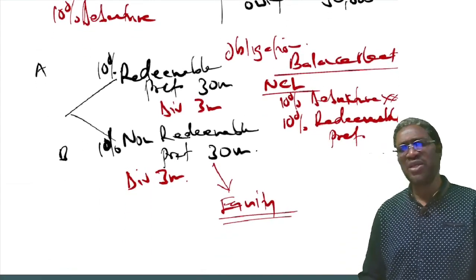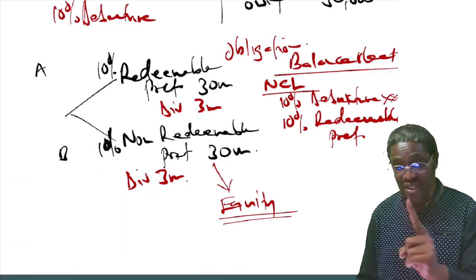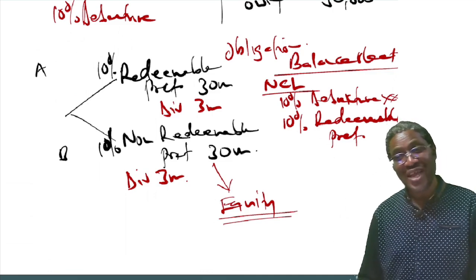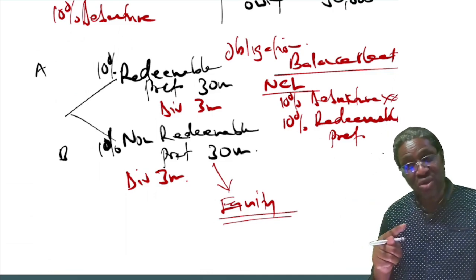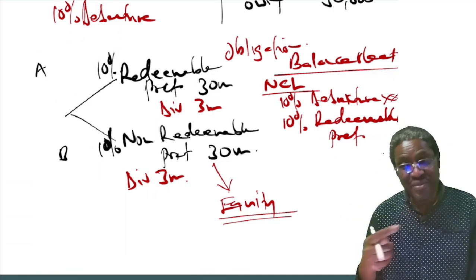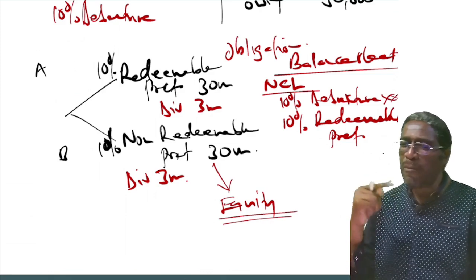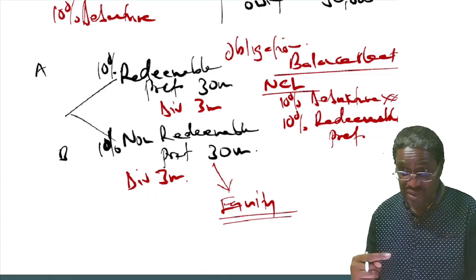They will still pay a dividend of 3 million. But for them, listen to this now, their dividend is not a finance cost. For them, the dividend becomes an appropriation of profit.